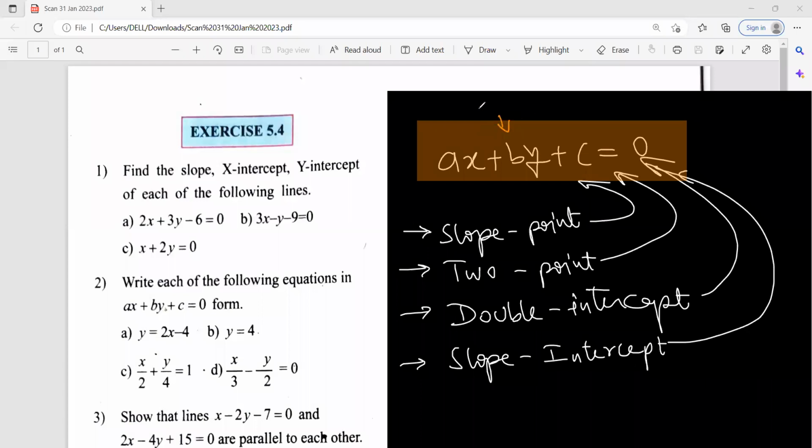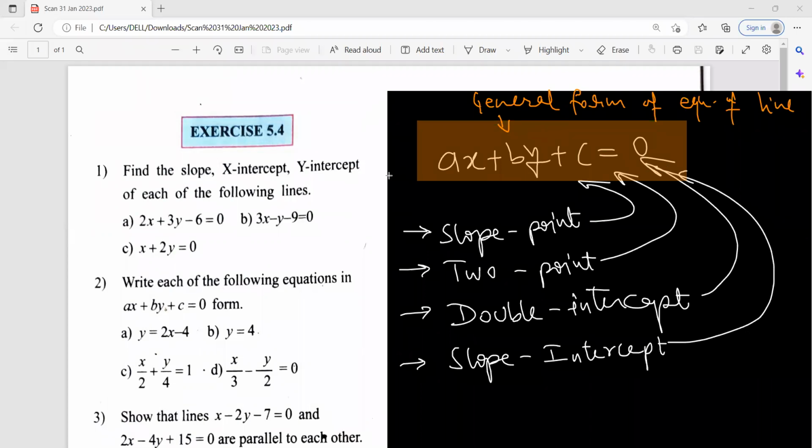We call this as general form of equation of line. What is it? You will all say it is ax plus by plus c equal to 0.